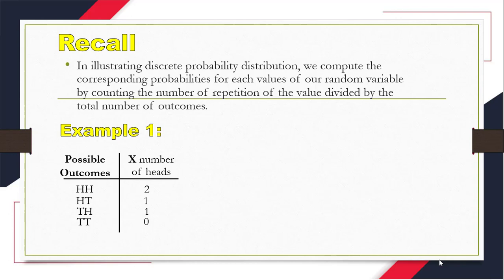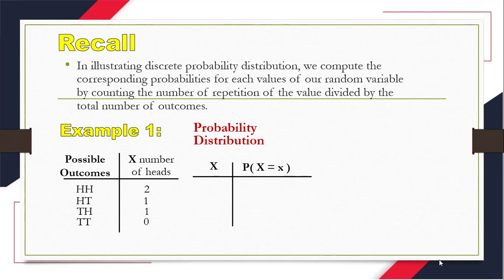Now, if we try to compute the probabilities in a probability distribution, we have this random variable X and the column for the probabilities for each value of X. The values for the random variable X will only be the unique values here, so that would be 0, 1, and 2. Let us have X is equal to 0.